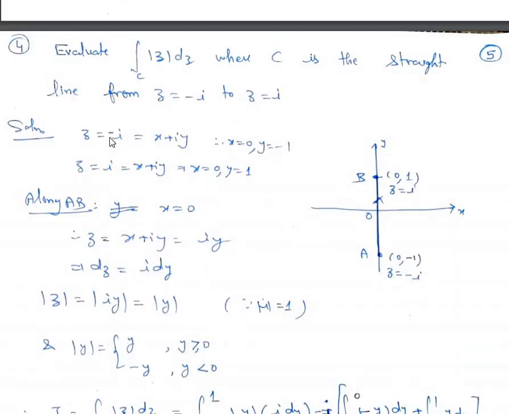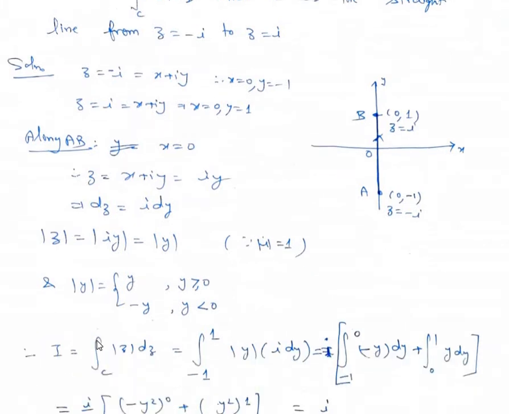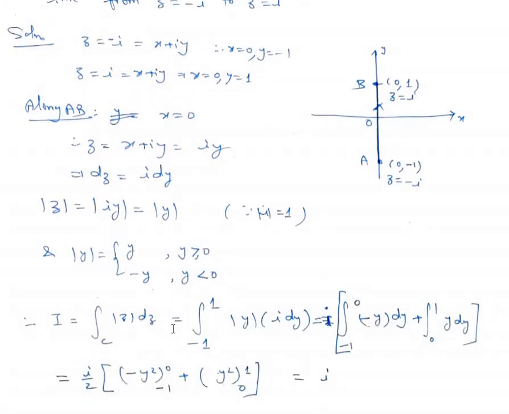Okay, now let's come to our original problem. Integral over c mod of z dz is equal to integral minus 1 to plus 1, mod of z is mod of y, and dz is i times dy. Now break into two parts, minus 1 to 0 and 0 to 1. When y is negative, because from minus 1 to 0 y is negative, in that case mod of y is minus y.